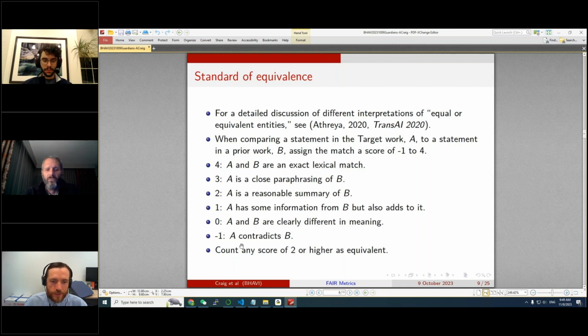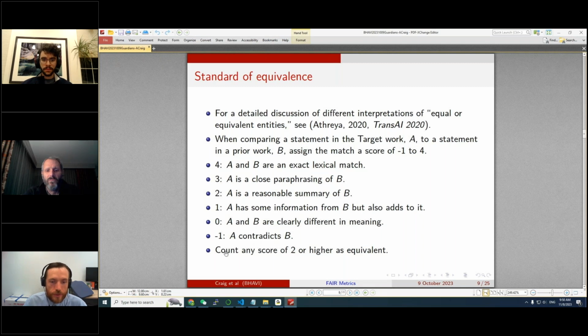But for the purposes of this evaluation, we're having to keep it fairly simple and rate sameness or equivalence on a scale of negative 1 to 4, because I have actually seen examples where a claim is attributed to a work that actively contradicts that claim.